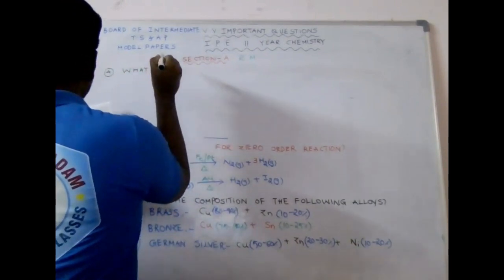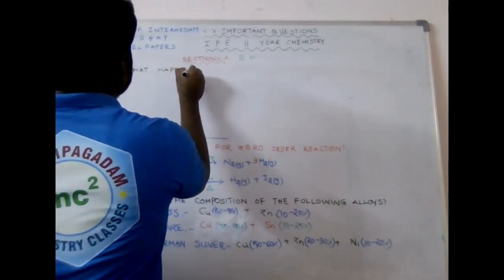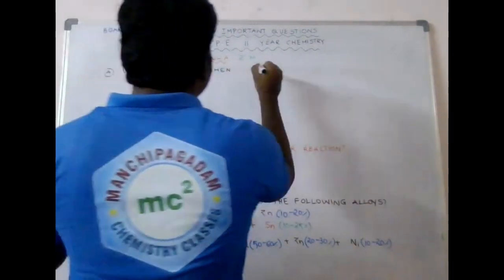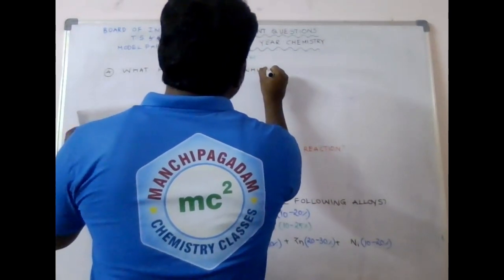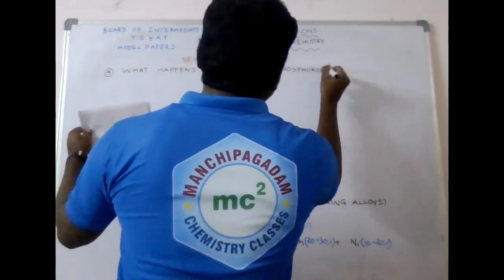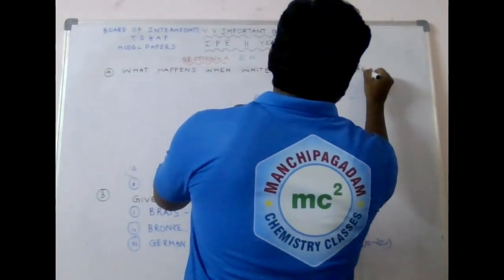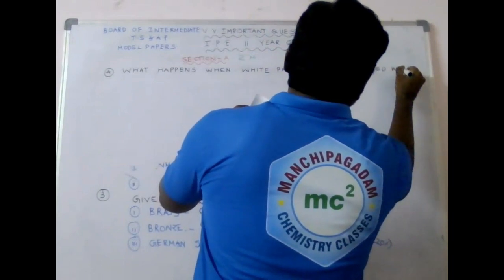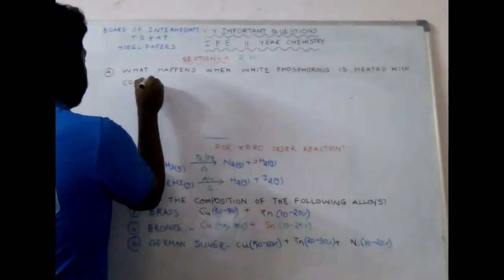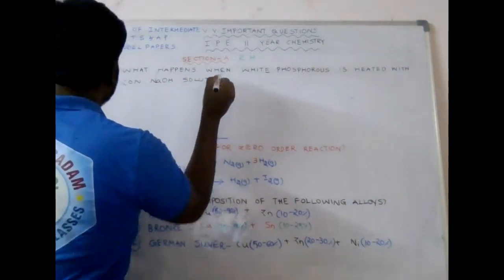What happens when white phosphorus is heated with concentrated NaOH solution, and the condition also he has given in the question itself.